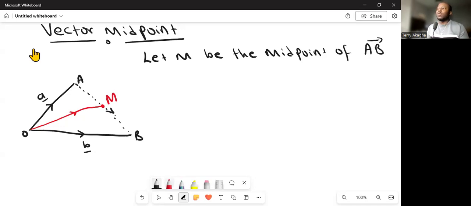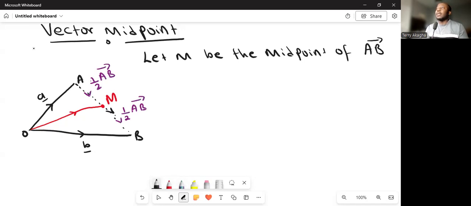Now, one thing you also notice is that because M is the midpoint of AB, this part here is half of AB, while this other part here is also half of AB. Are you seeing it? So if I want to get to M from O, I can go to OA and AM, because I know AM is already half AB.